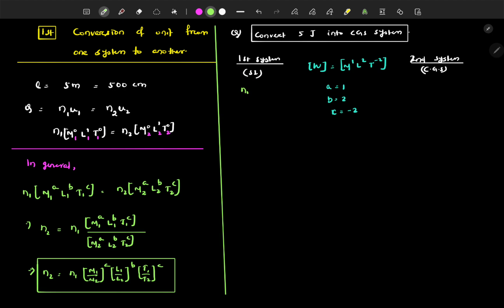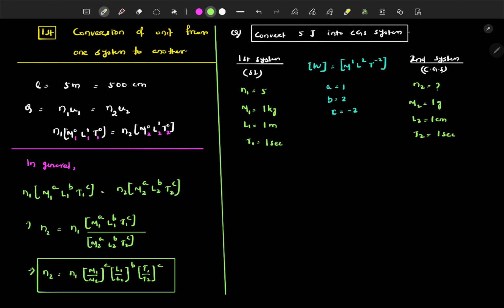Next, you write here N1 value is 5 and here N2 value is required. As the first system is in SI unit, M1 value is 1 kg, L1 value is 1 meter, and T1 is 1 second. Similarly, the second system is CGS system, M2 value is 1 gram, L2 value is 1 centimeter, and T2 value is 1 second.